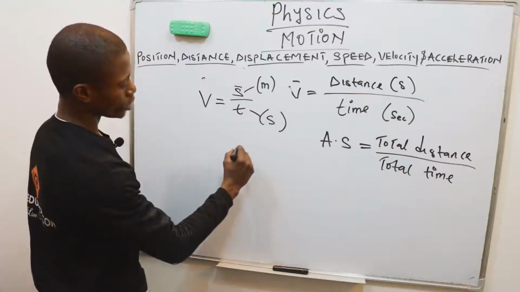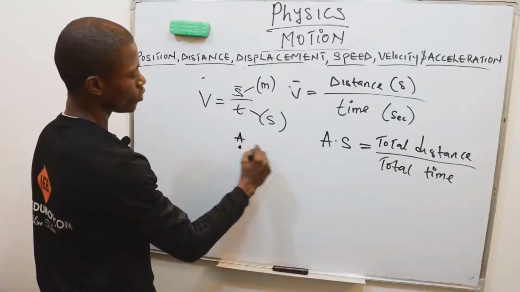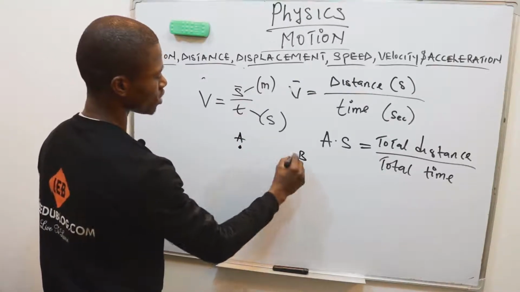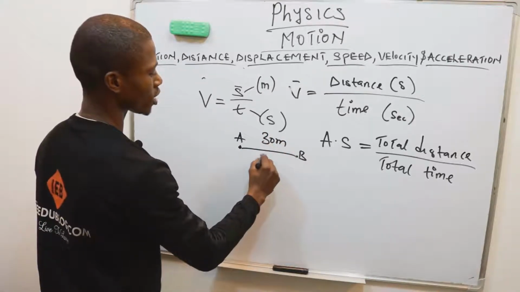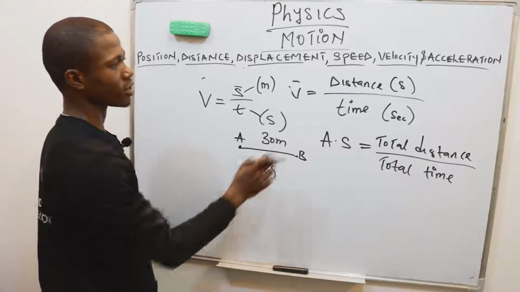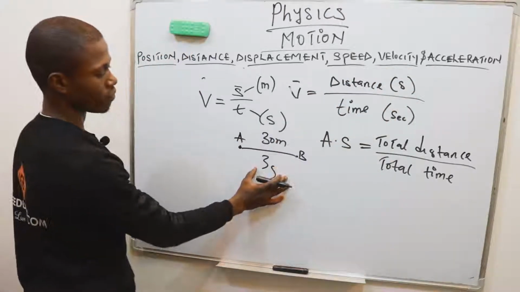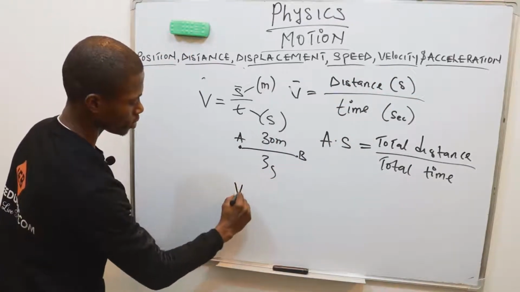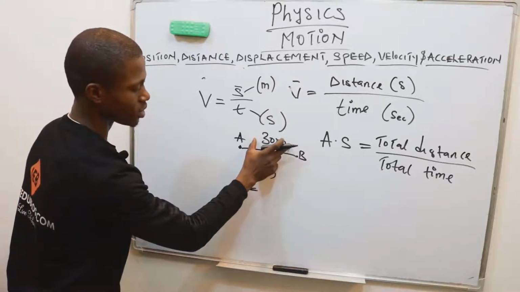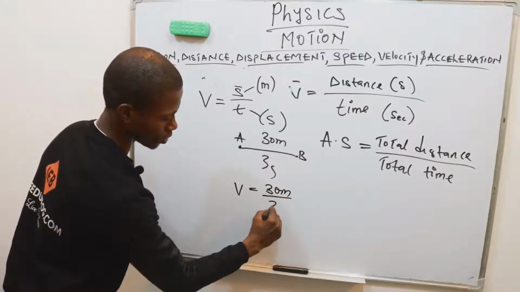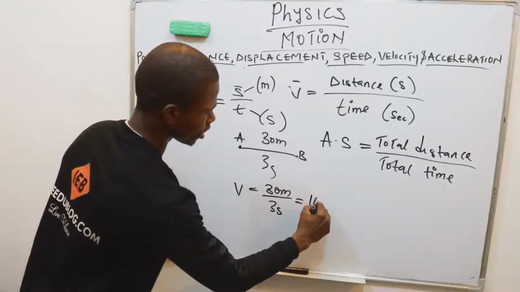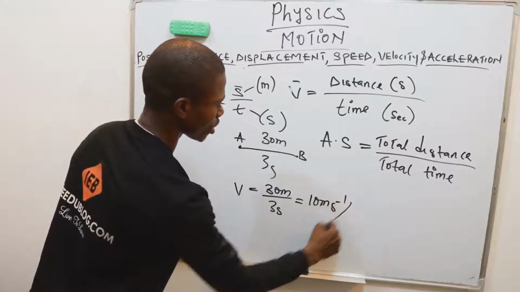Again, when a body moves from A to point B with a displacement of, let me say, 30 meters in 3 seconds, if you are asked to find the velocity of this object, the velocity v will be our displacement, 30 meters, all over 3 seconds. And it will give us 10 meters per second. Okay?